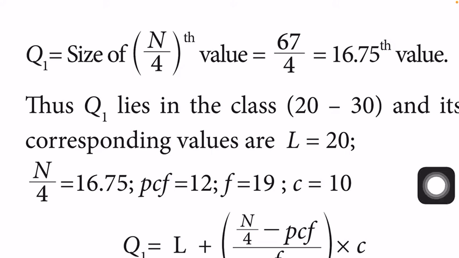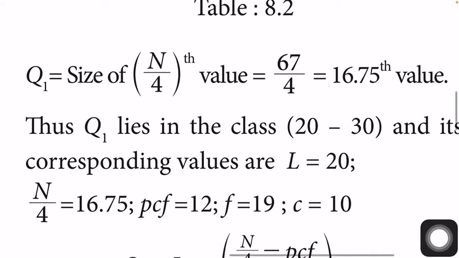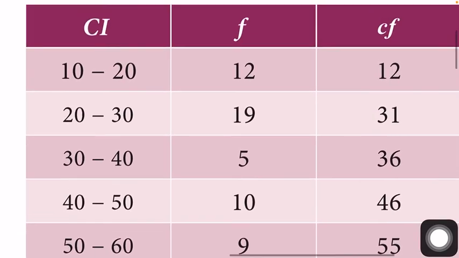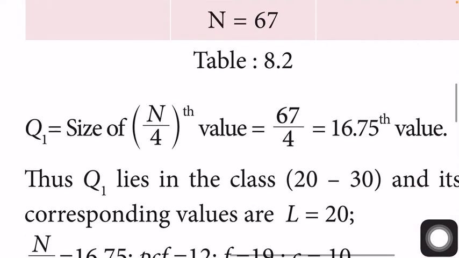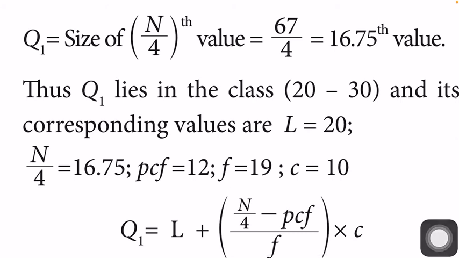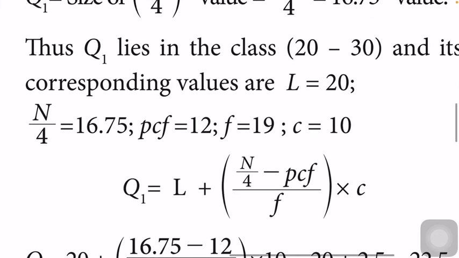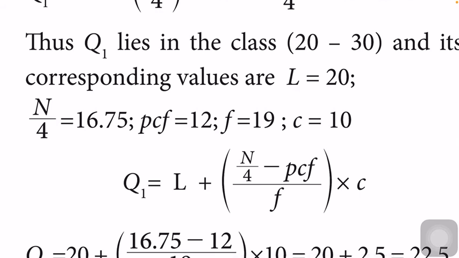We have selected the interval 20 to 30 and the previous cumulative frequency is 12, so we select 12. And C is 10. What is C? The difference between 30 and 20, that is 10.